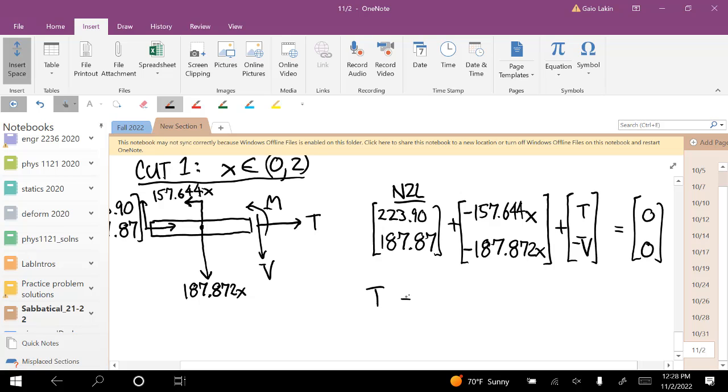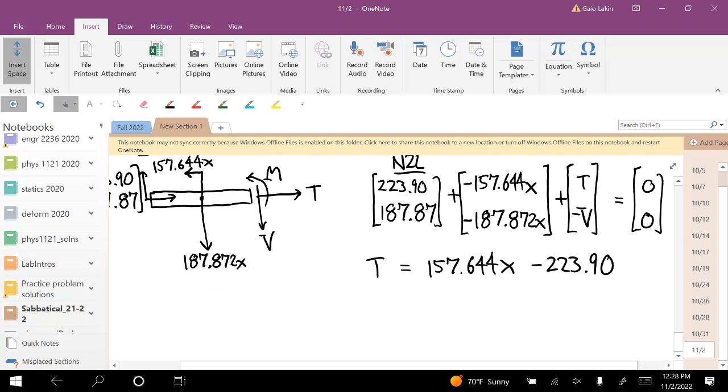So t is equal to positive 157.644x minus 223.90.